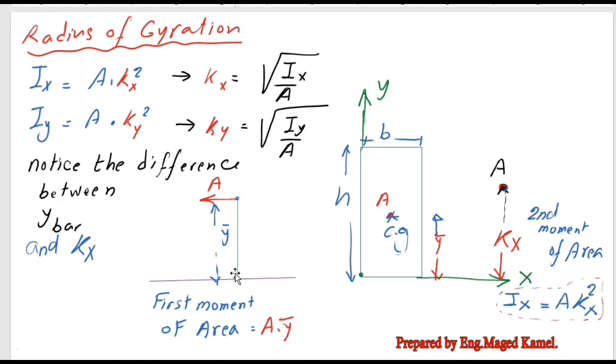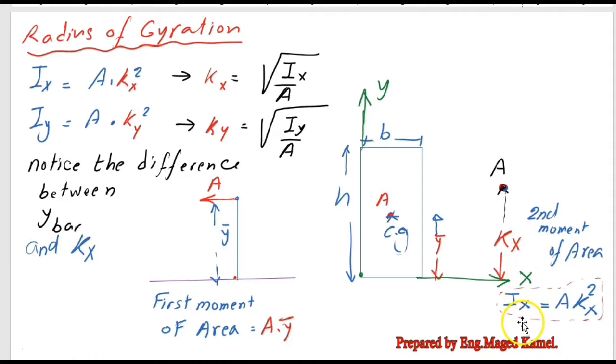The difference between y bar and Kx is that the location of the point is considered changed, and the multiplication of the area by Kx squared produces the second moment of area.